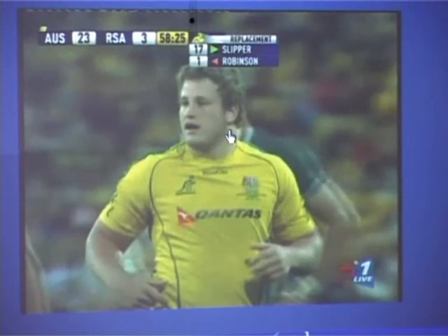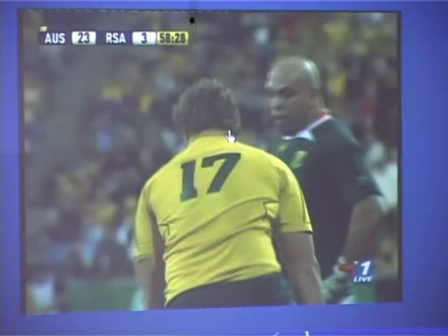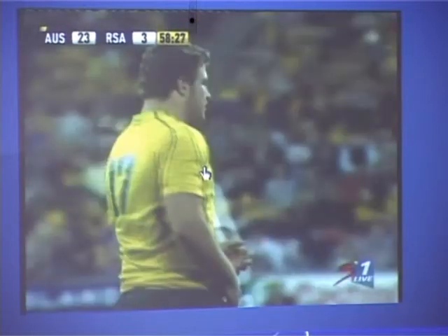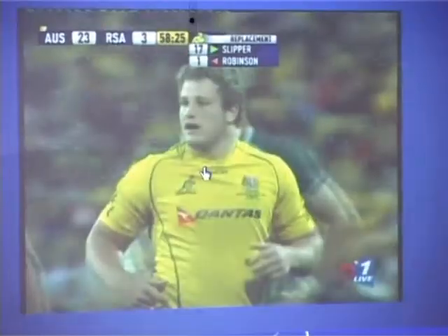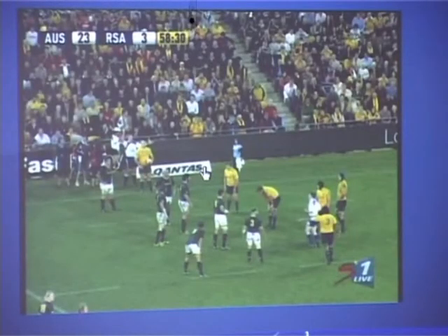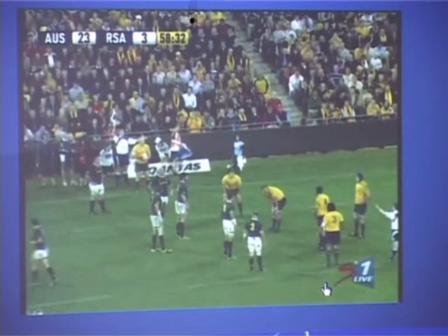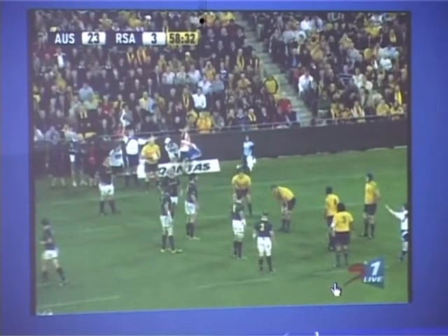Look at this one quickly. Tell me what you think about this one. The player next to the number 4, is he in the line?